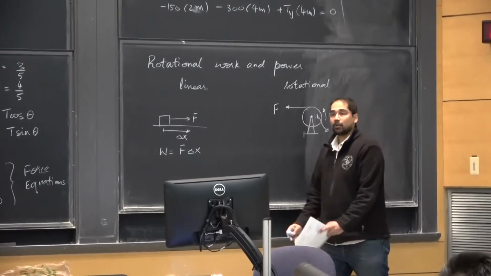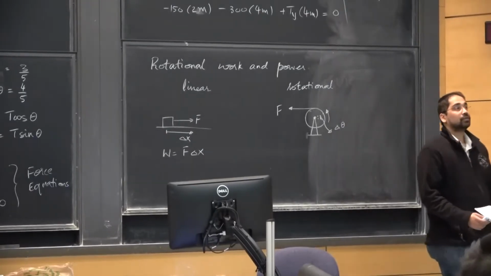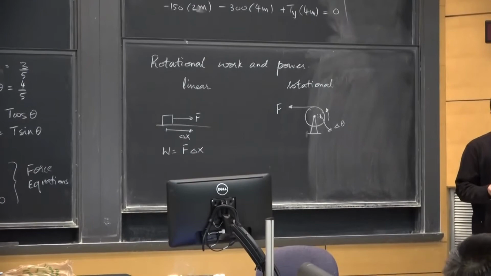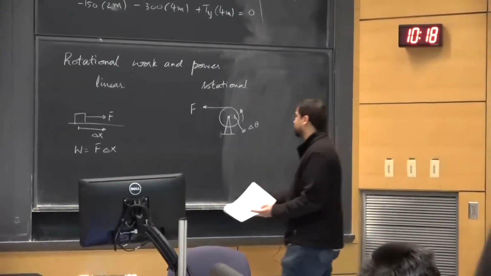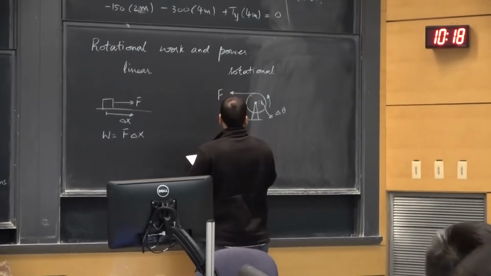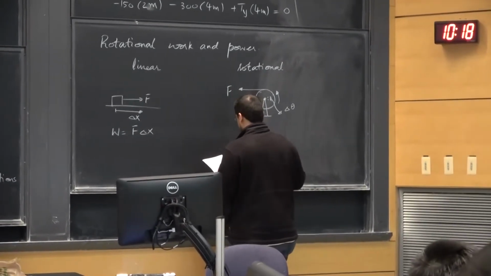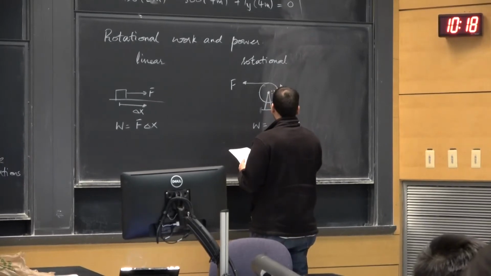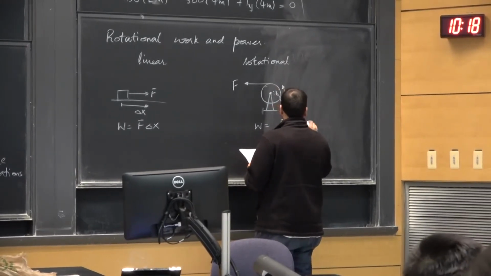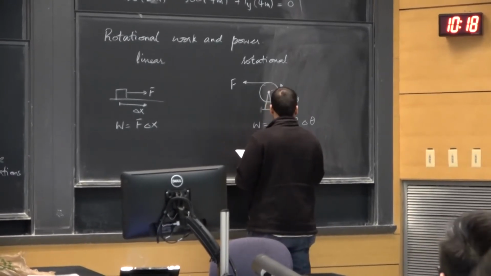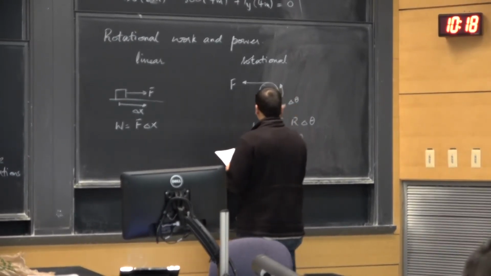Right? What would this force do? It would cause the wheel to spin. By that I mean it exerts a torque. There's a torque acting on the wheel. So the work done is tau delta theta.